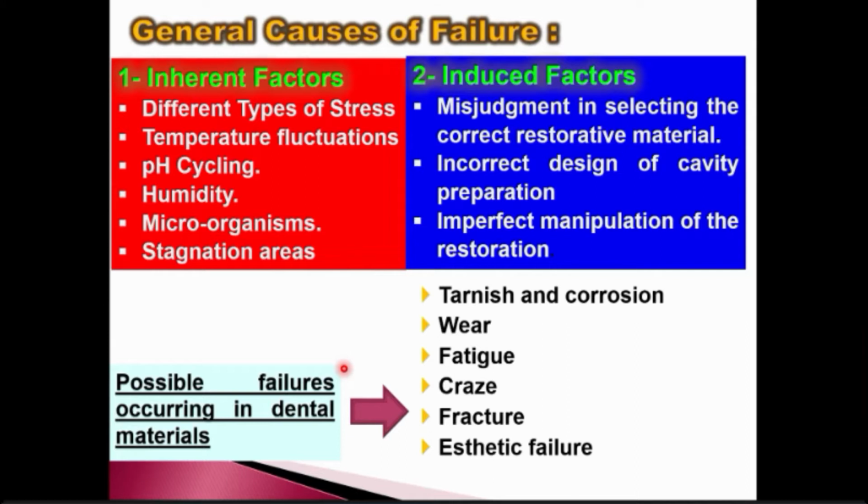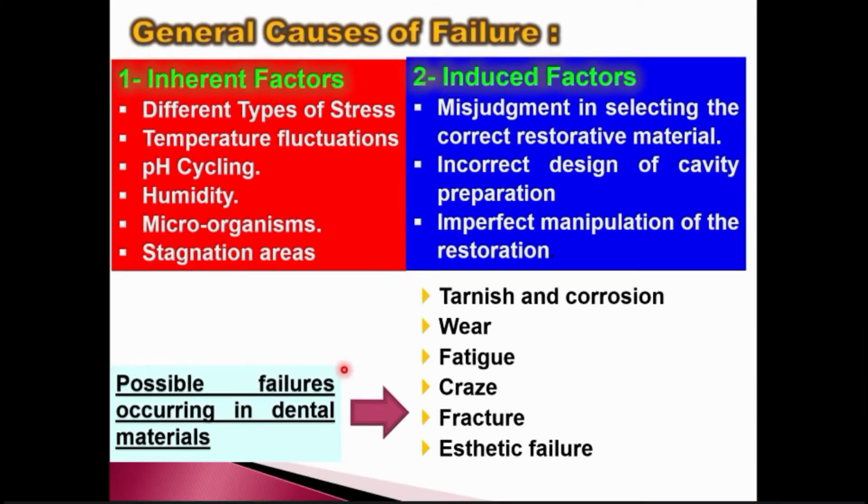There are induced factors, wrong selection of material. For example, we know that high masticatory stresses are going to come, but we use a weak material. So this is a wrong selection. We know the weak material might not work in this place. Incorrect design of the restoration or preparation, imperfect manipulation of the restoration.